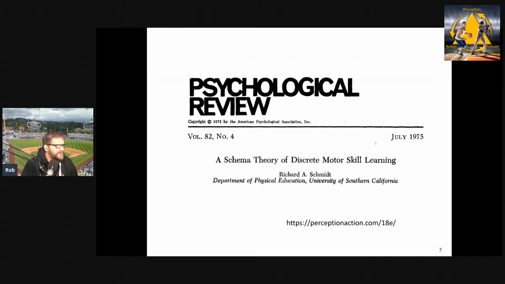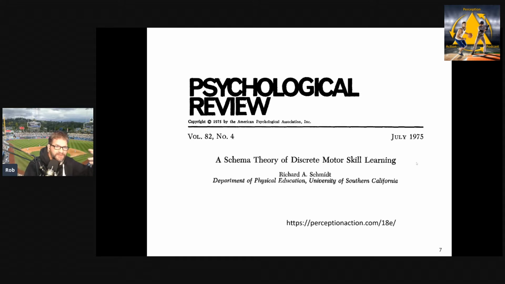So Schmidt came along, and he fully admits that there's nothing revolutionary new about his idea of schema theory and the generalized motor program. Really, what he did was put a bunch of ideas that were already around, the idea of memory schema and motor programs, together in a novel way to address these problems.